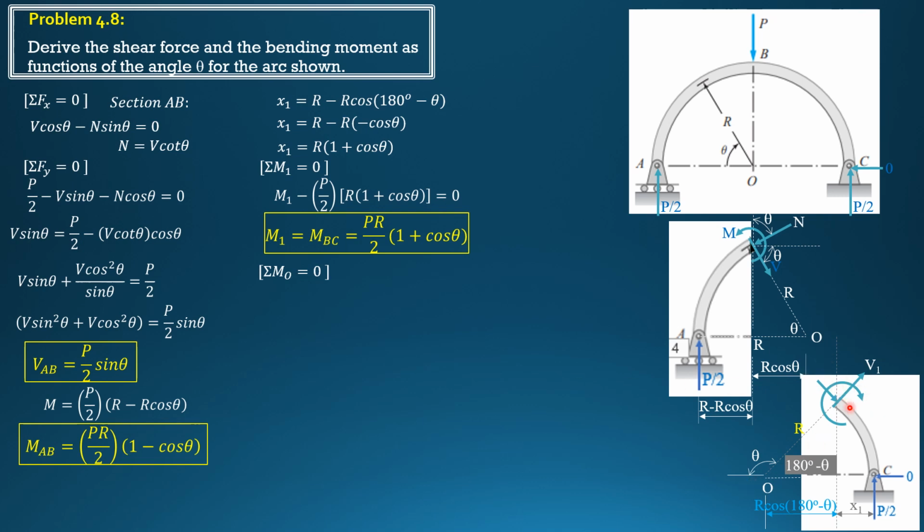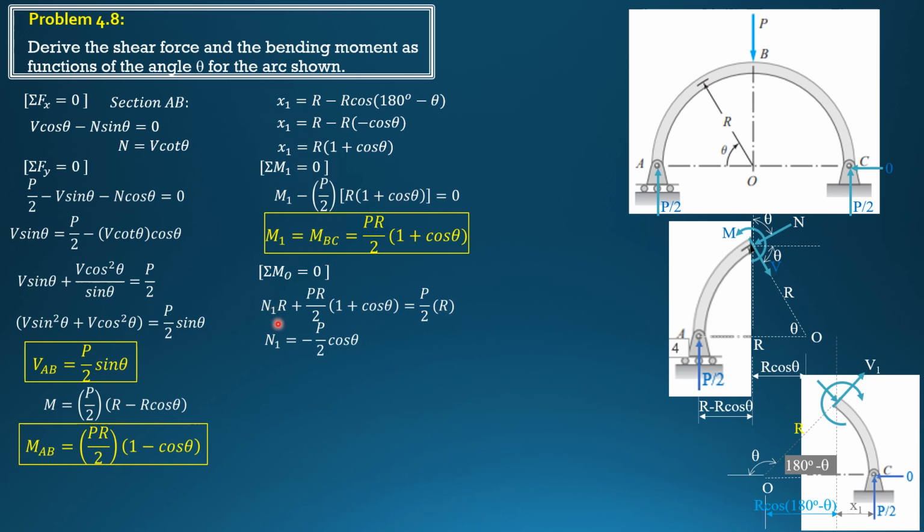So N1 times R plus M1, which is PR over 2 times 1 plus cosine theta, equals P over 2 times R. So we can cancel out R. So on the right side, we have P over 2 left.